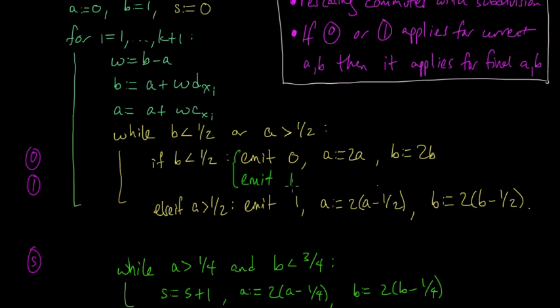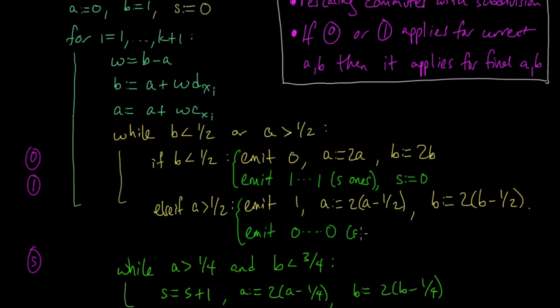Emit a bunch of ones, so it's going to be S ones. And then we need to set S back to 0. Then we're back in our normal state. And in this case, if A is bigger than a half, this is case 1, emit 1 and S zeros.